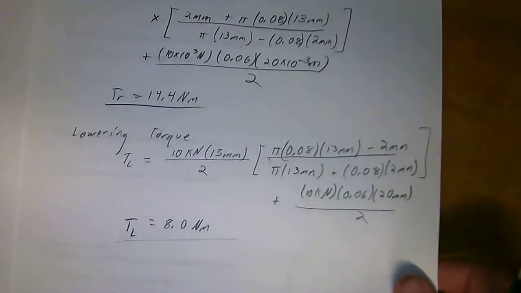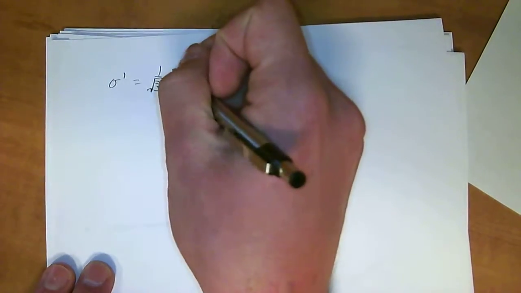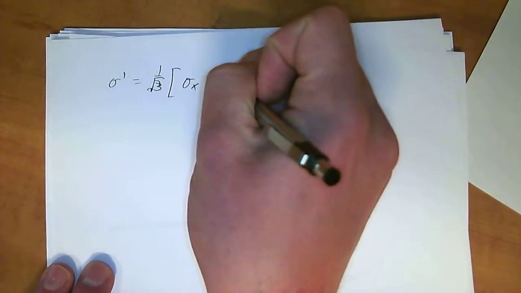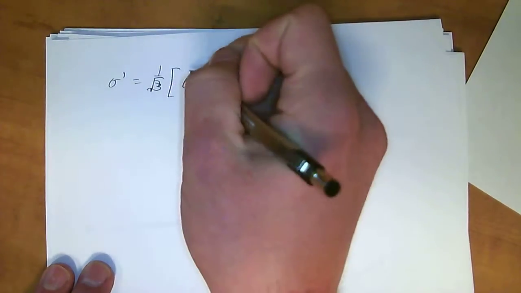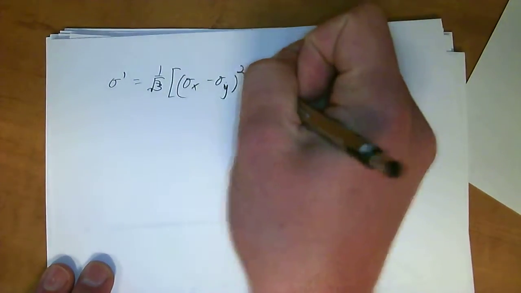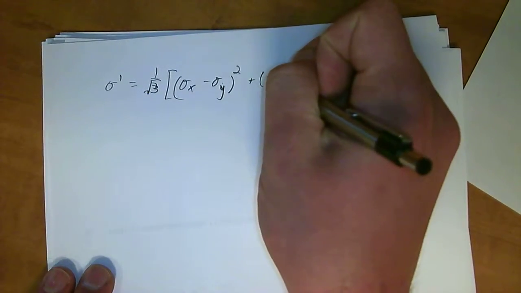Okay. So now, excuse me, we have to use this other equation to continue on with life, which is sigma prime, which is equal to 1/2. This is the three-dimensional von Mises equation, basically. Sigma x minus sigma y. My professor gave me the notes for this problem, and I can't hardly read some of his handwriting on some of these deals.